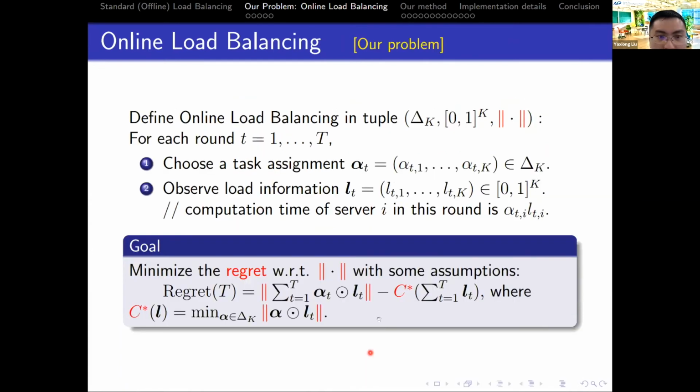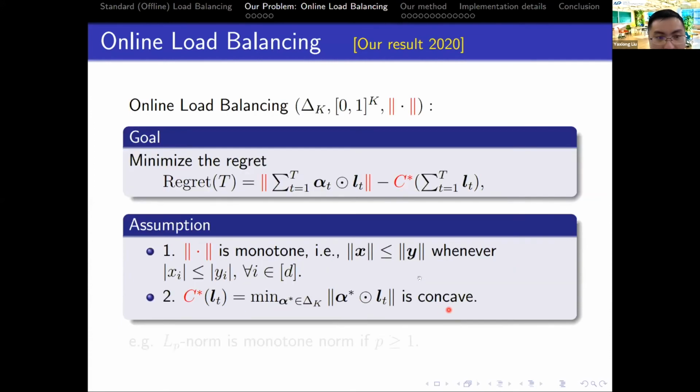Of course, in our problem, we generalize the norm from the L infinity norm to a general norm with some assumptions. This problem is stated as follows, and the only difference is that the regret definition is extended from the L infinity norm to a relative generalized norm with two assumptions.